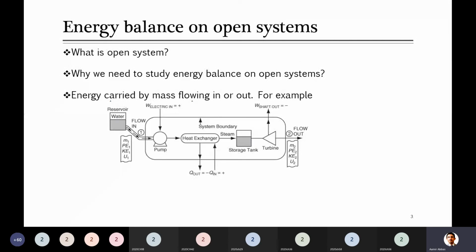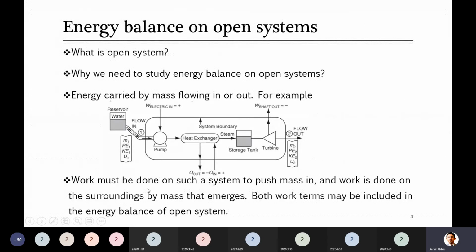Whenever you want to push some liquid from one place to another, you install a pump, and the pump does work on this system, which is our water here. So you can say that work is done on a system to push mass in. This is the mass of water. In order to push it into the system, we have to do some work on it, so we are doing work with the help of a pump. When any liquid comes in contact with the pump, the pump is usually connected with an electric motor.